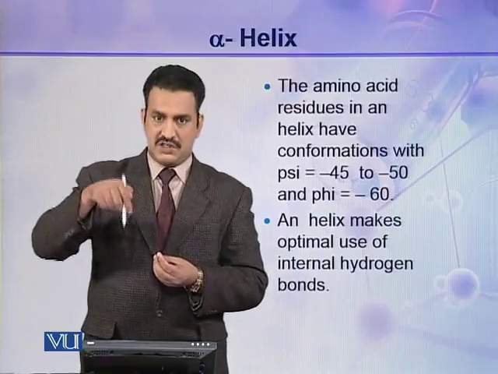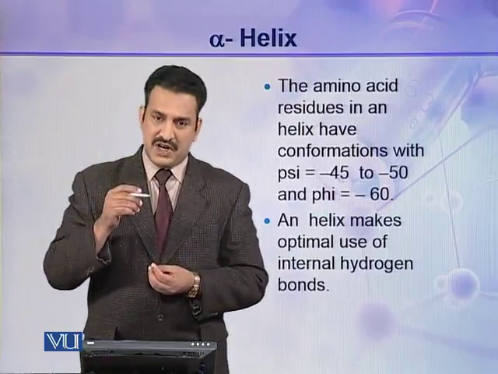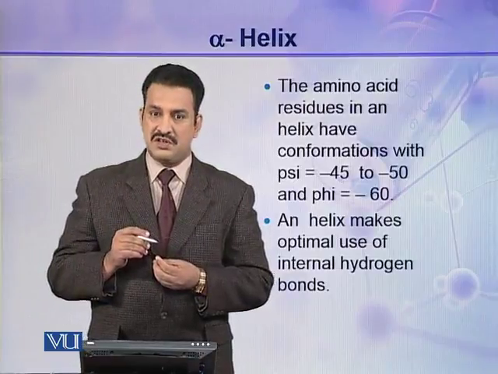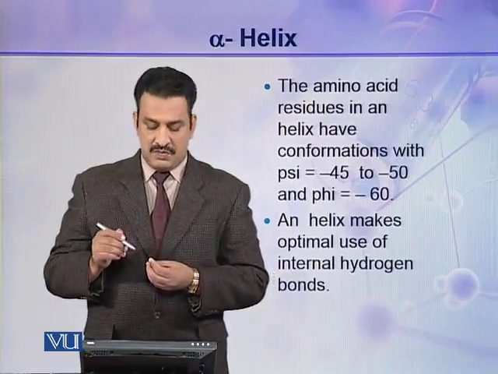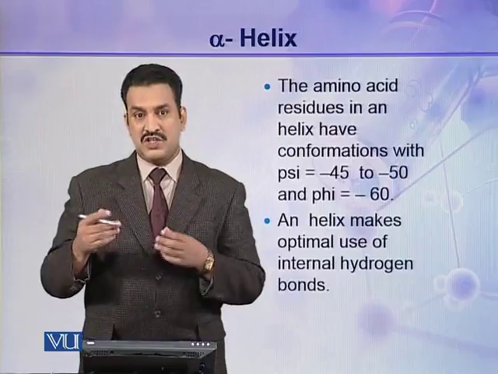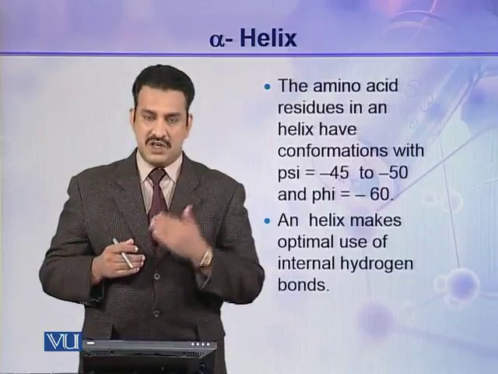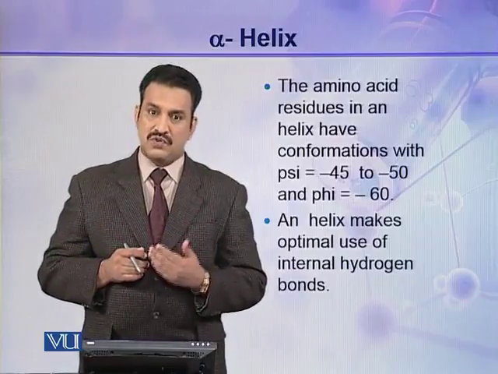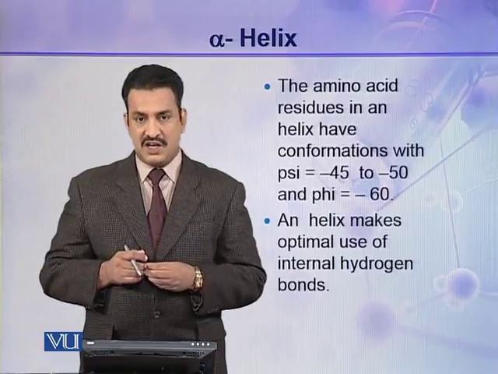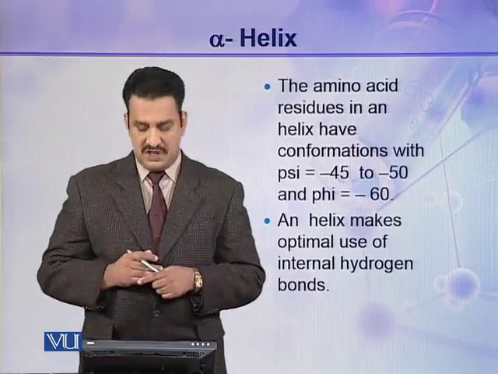So in the helix, the peptide bond is rigid, that doesn't rotate, but the other bonds adjacent to the peptide bond rotate, and the values of their angles, that is psi and phi, are given here.